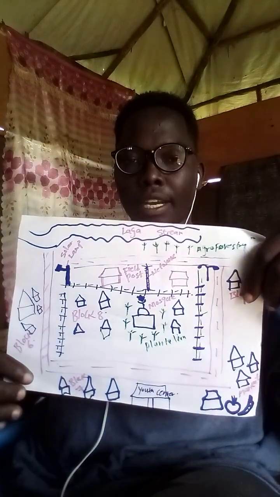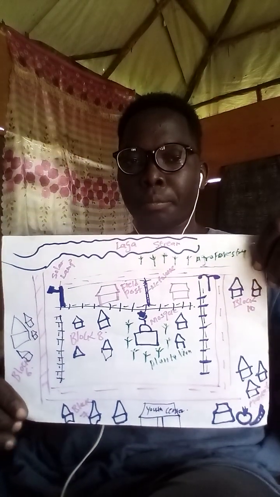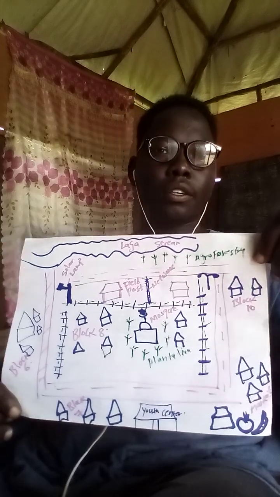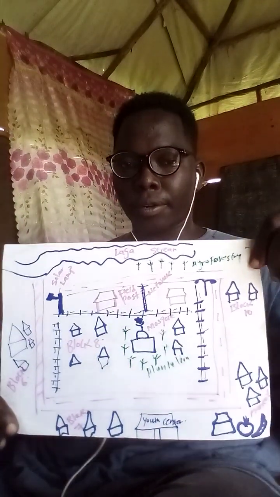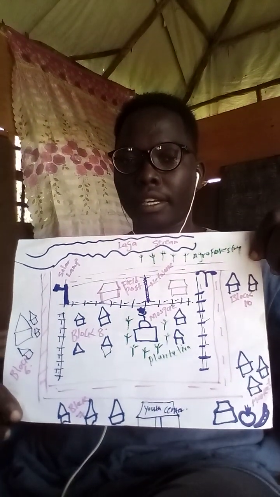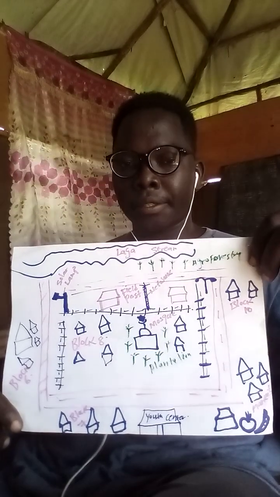After going through the process of identifying agroforestry and bringing together some group and people in my community, we were able to come up with a community mapping based on our zone or location or block, because this is actually our block.